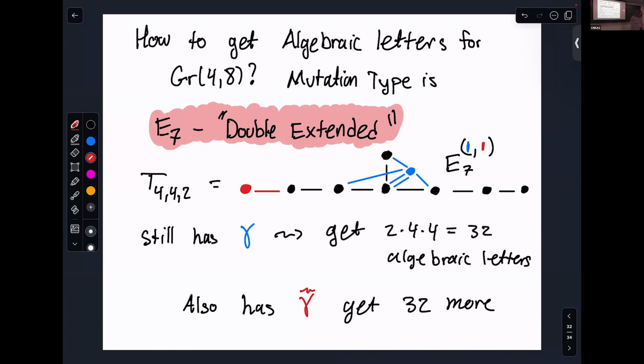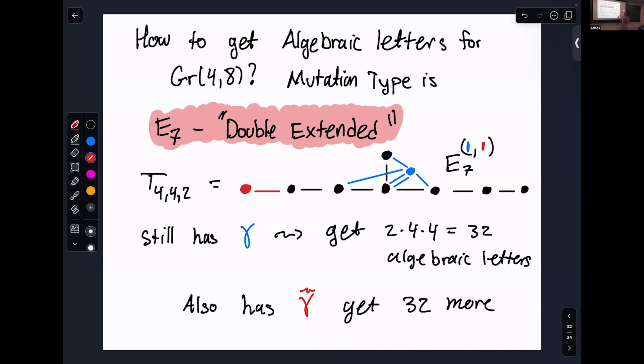So this quiver here, this E7 double extended, is the mutation type of G48. I forgot to put in the little orientations, but you have to pick the orientations of this part to be the oriented cycle. So really, this thing still has gamma, which is to mutate back and forth along this double arrow.